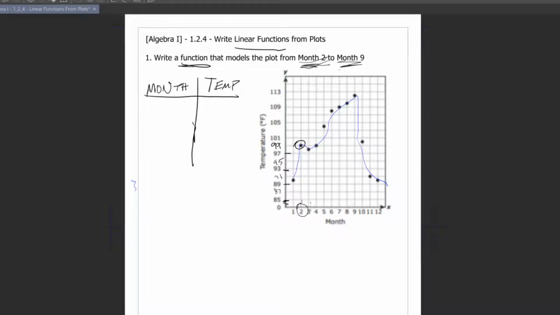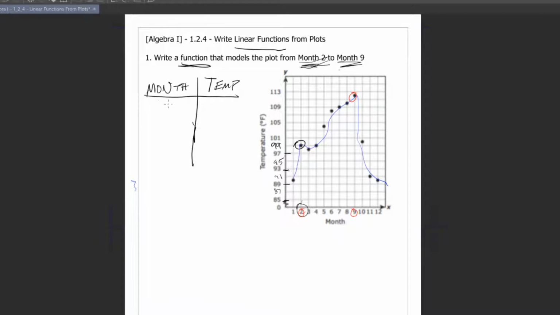This one specifically is asking month 2 and month 9, and it's telling you to write an equation based on these two values only. Now, the question should probably say only, but if you do have a question like that, I'd probably say go ahead and ask the exam provider, or if this is homework, ask the teacher, the professor, whatever it is.